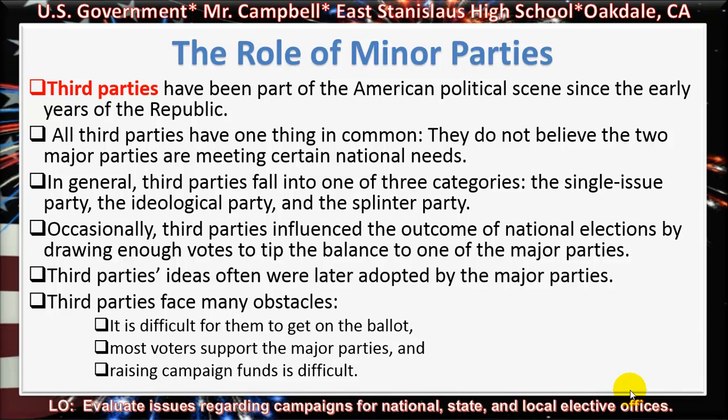A lot of corporations and labor unions may dump a lot of money into campaigns trying to influence an election, and they want to elect candidates that are going to be sympathetic to their views, but it doesn't do them any good to put money behind a candidate that doesn't get elected because they're not in a position to do anything for the contributor. So these are major obstacles that the third parties face.